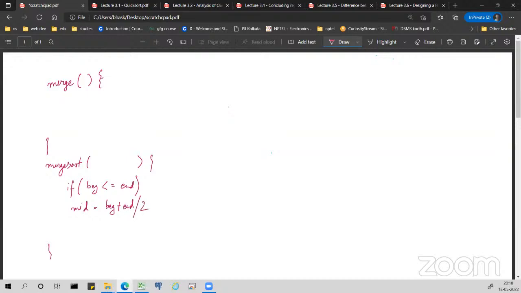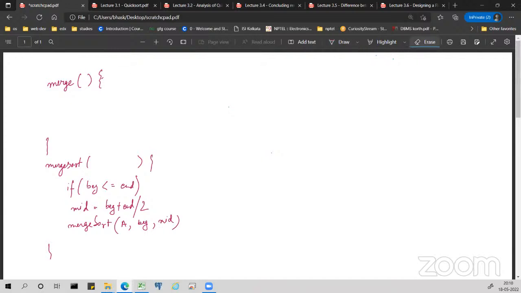Then you would call merge sort on the list or array, whatever you are working on, and you send the starting index, which is beginning, and go till mid.